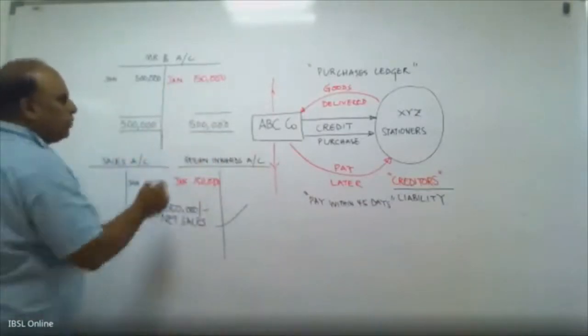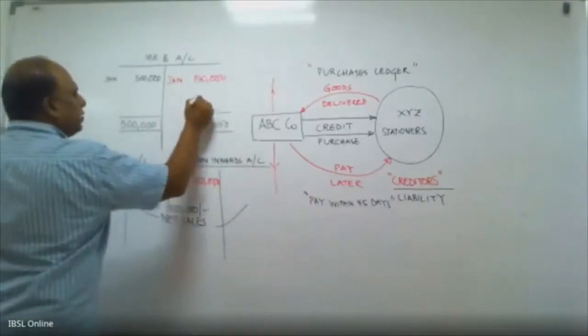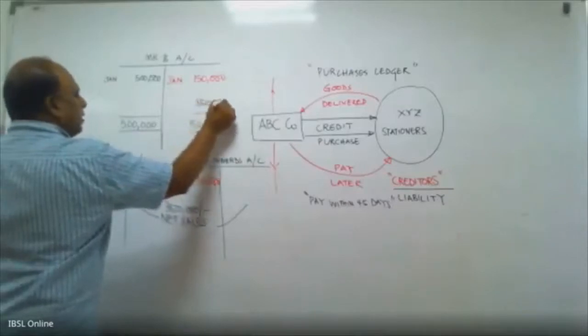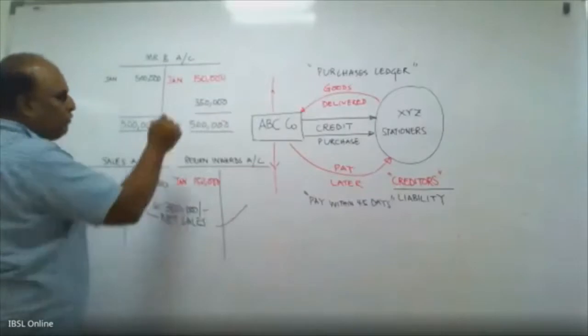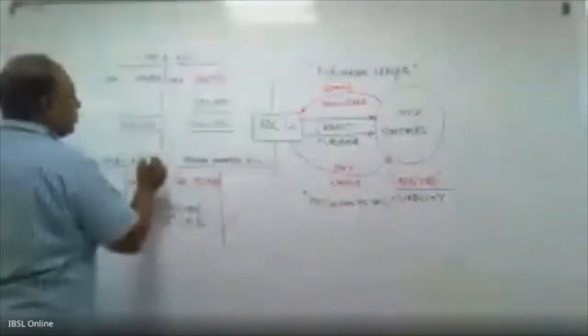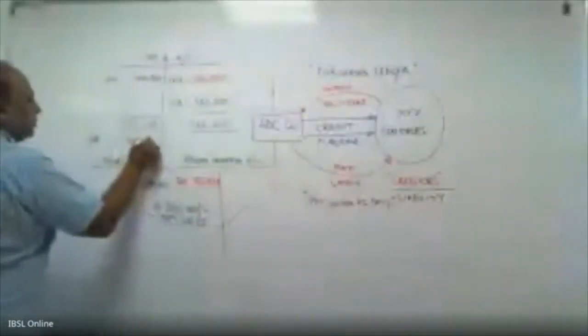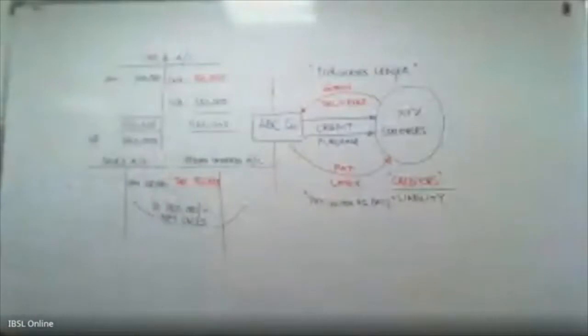So I need to bring in 350,000 so that it balances. As per the double entry, I put 350 here. Now look at how this account looks.